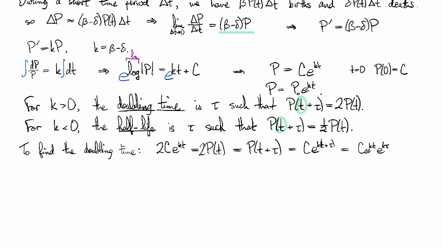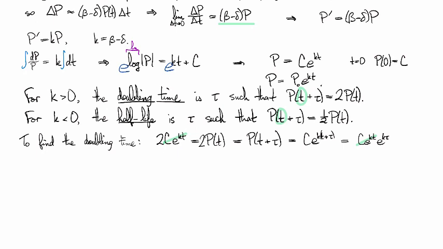Now, we can cancel off the C e to the kt on both sides, and we're left with 2 equals e to the k tau. So taking logs of both sides and then dividing by k, we see that the doubling time is 1 over k log 2.